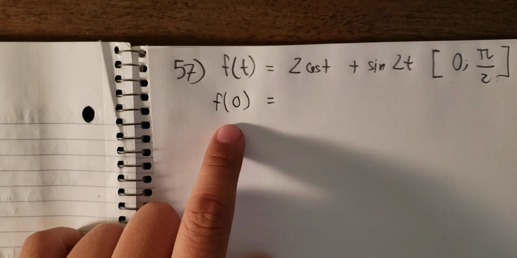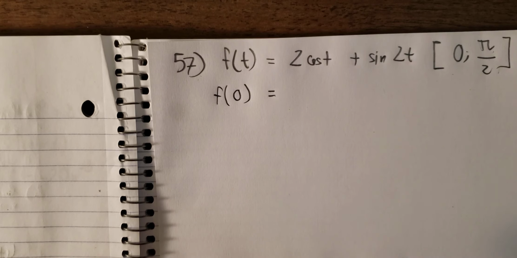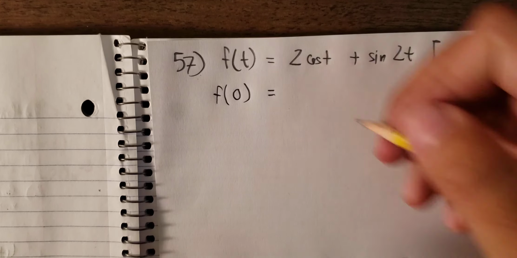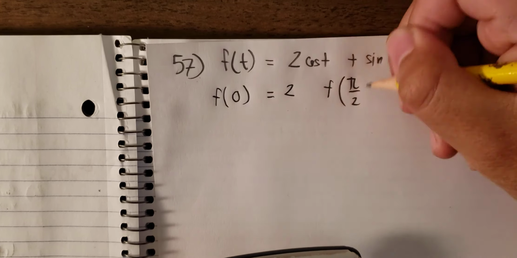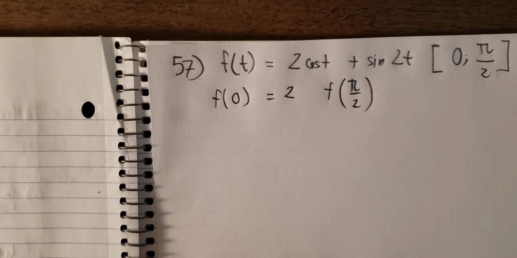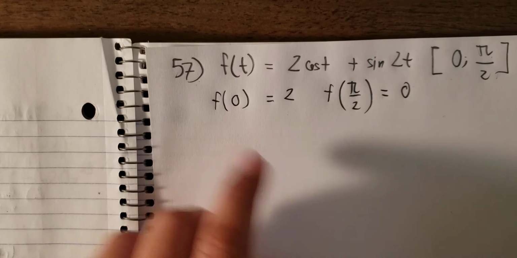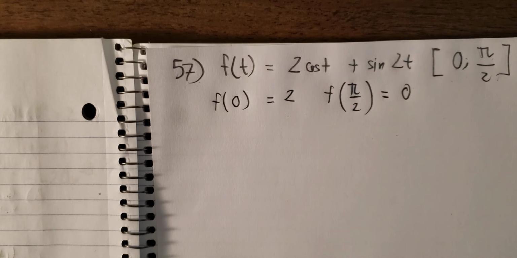So we put in t equal to 0, and we get 2, and at pi over 2 we get 0. So you know that this one is the highest point, and this one is the lowest point.